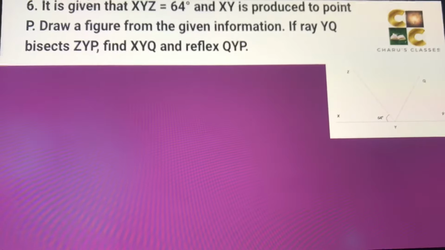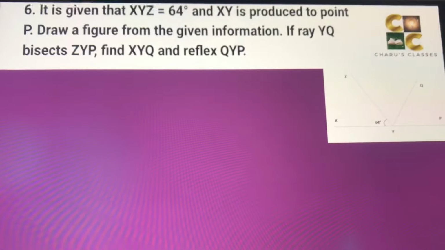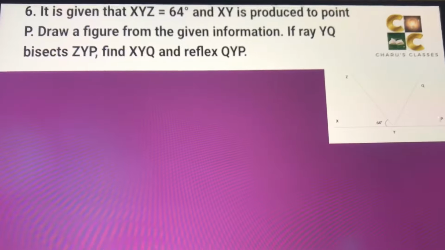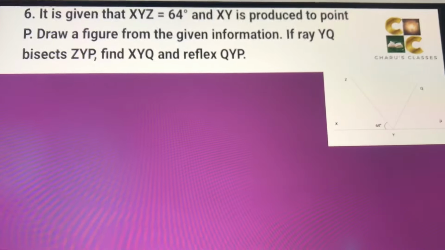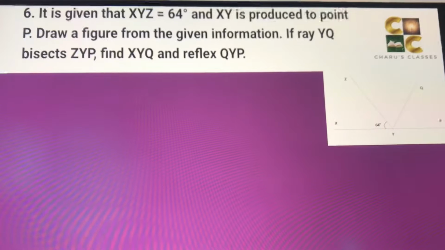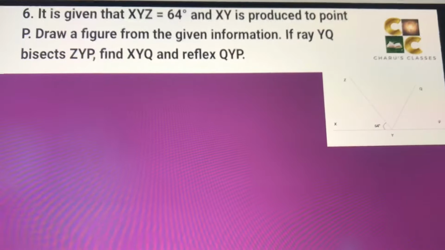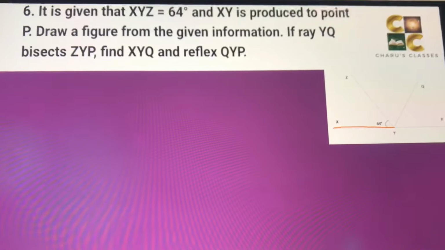Question number 6. It is given that angle XYZ is 64 degrees and XY is produced to point P. Draw a figure from the given information. If ray YQ bisects angle ZYP, find angle XYQ and reflex angle QYP. Now in this, XYZ is a 64 degree angle.